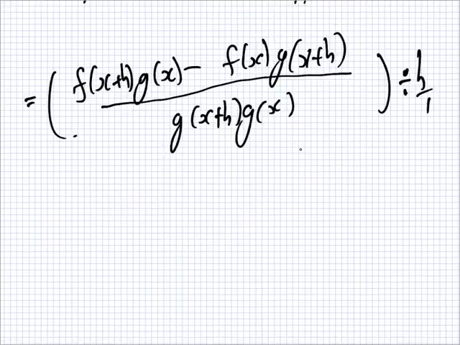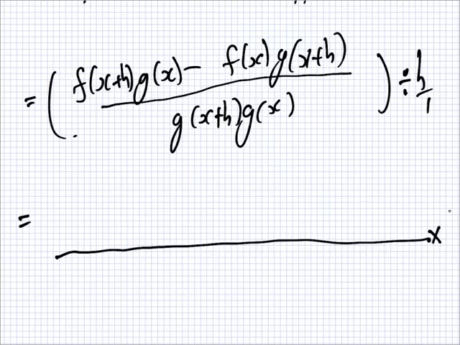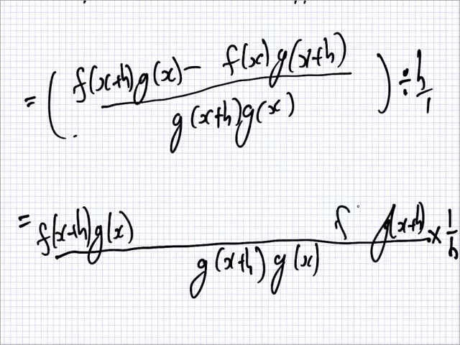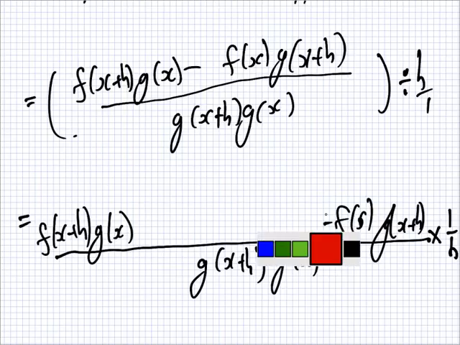Yes? So this is actually multiplied by 1 over h if you want. And here you have g(x plus h), and here you have g(x). And here you have f(x plus h) g(x), and here you have g(x plus h) f(x) with a minus.